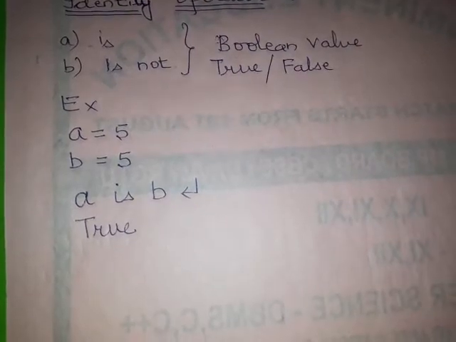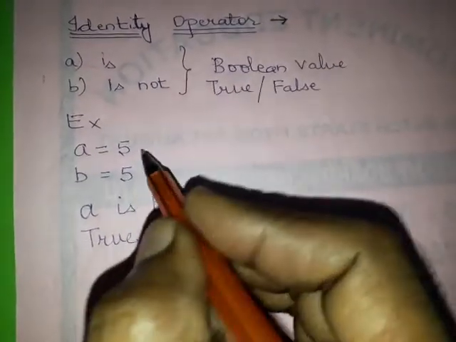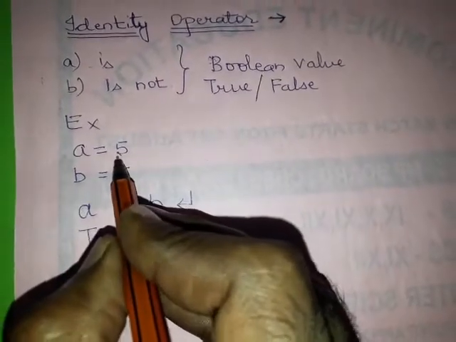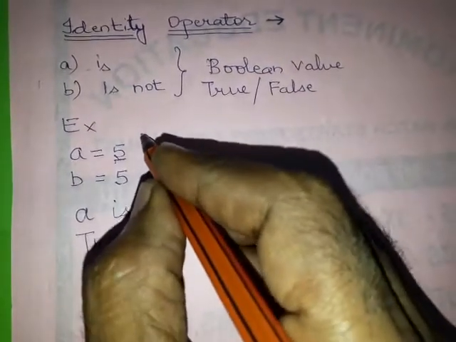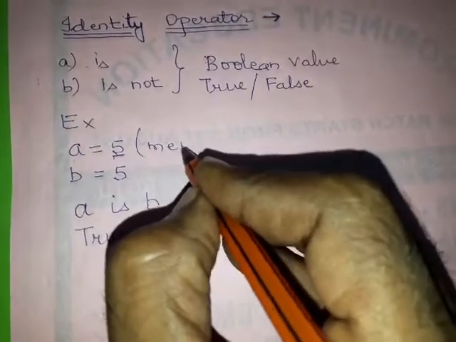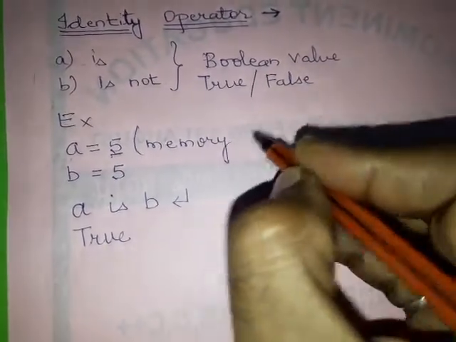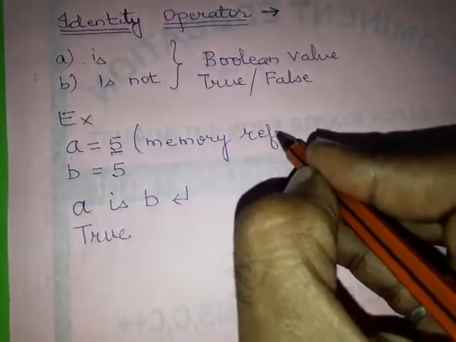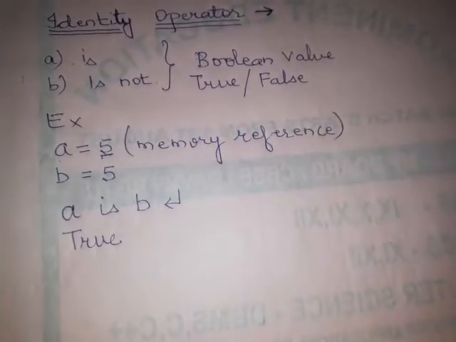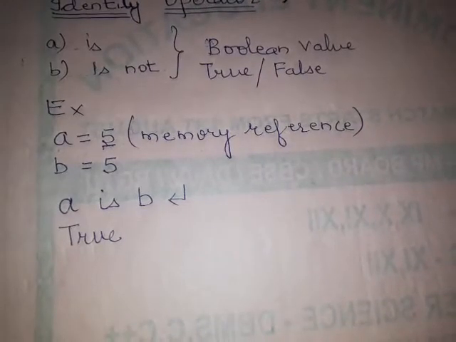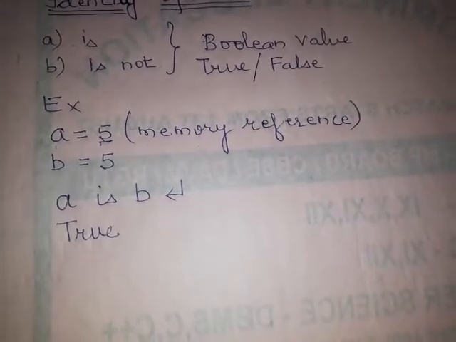The logic behind this is that the value stored in variable a has some memory reference. Memory reference means it is stored in memory at a particular address.